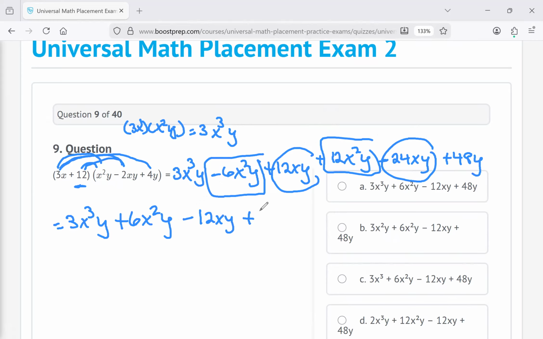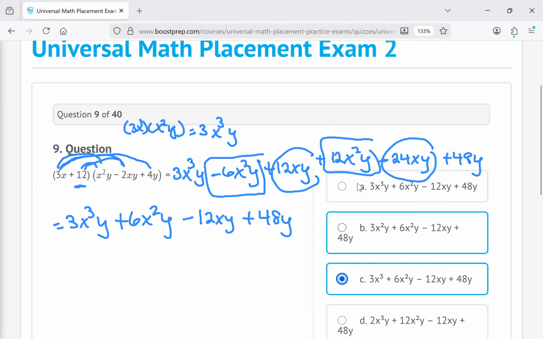And then finally you have the 48y. Okay, so that is your final answer. Is it C? Oh no, it's not C. Is it A? 3x cubed y plus 6x squared y minus 12xy plus 48y. Yes, letter A.